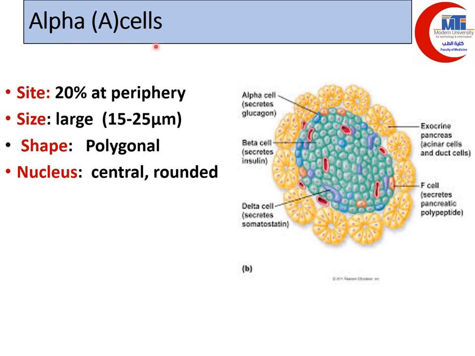Alpha cells or A cells, their percent is about 20%. There is an inverse relationship between the percent of these cells and their size. The percent is 20%, so these cells are larger in size than beta cells.